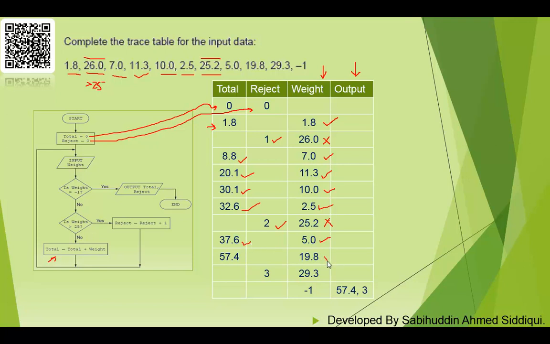Now the next value is 19.8, yes, this is okay, and then the total becomes 57.4. Now the next value coming is 29.3, this is greater than 25, so this cannot be added, and it is rejected. So the total number of rejects we have is 3, and the last value which the system has received is -1. When -1 is given to the system, it terminates. -1 was the rogue value, the stop value.